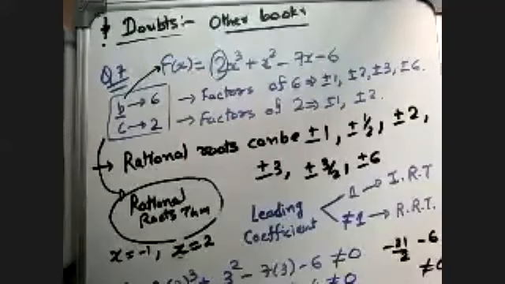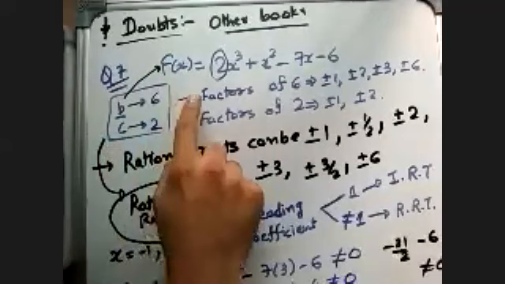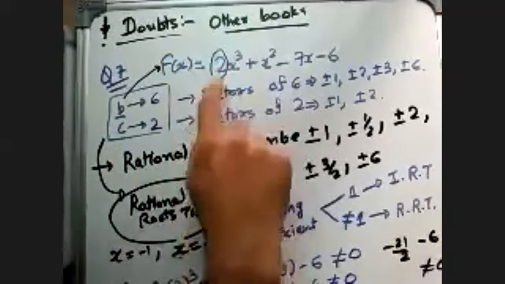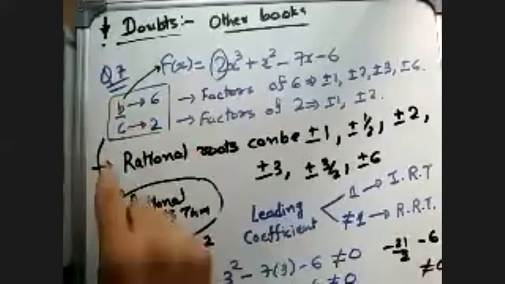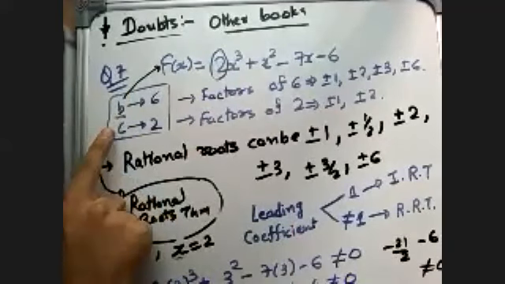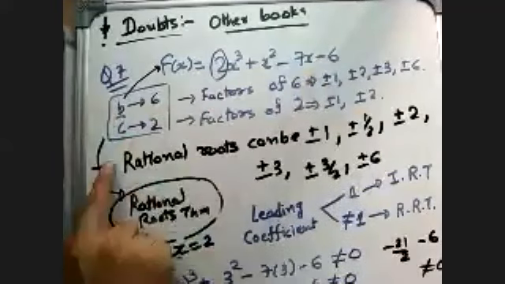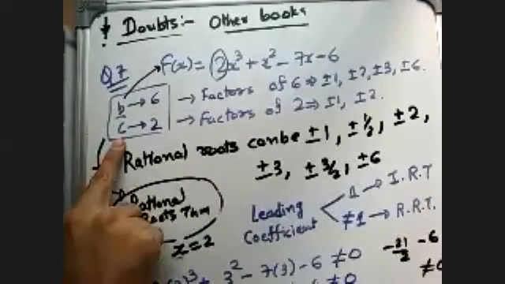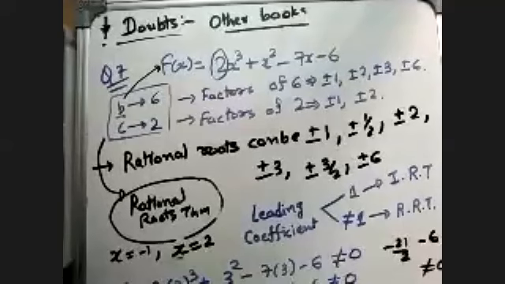Rational roots theorem says that if it is having its leading coefficient other than 1, then all its rational roots can be written in the form of b by c, where your b, that is numerator of your root, will be factor of 6, and c, that is denominator of your root, will be factor of 2. So b numerator is factor of 6 and c denominator will be factor of 2.